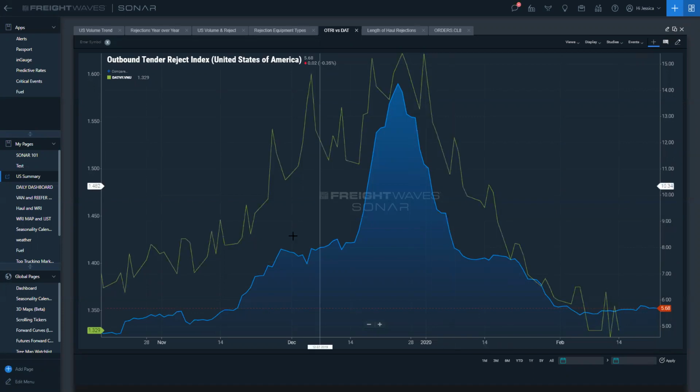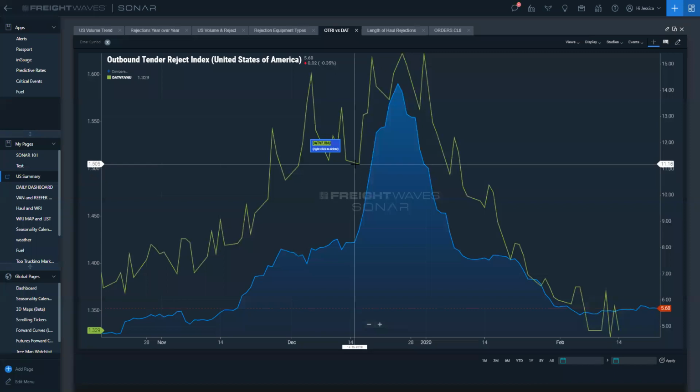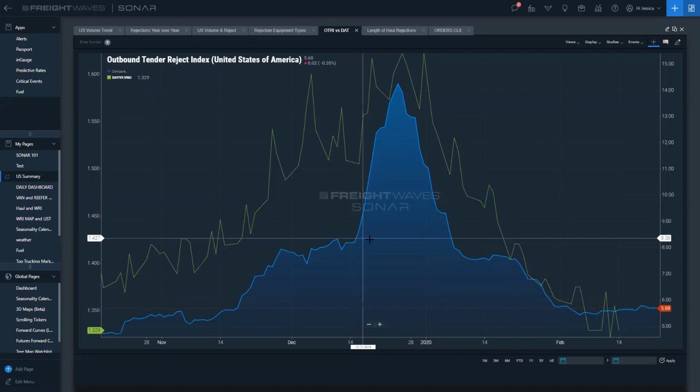But if you are looking at when a market is increasing or when it is sharply decreasing, you can make actionable decisions on that. So for example, if we were to look on December 15th, rates were about $1.50. And in our data set, the rejections were about 8% or so. If you were to look 7 days in advance, you would see that our rejection rates were already over 12%.